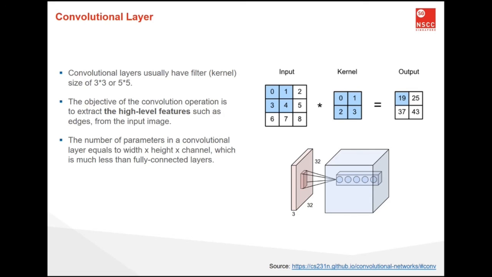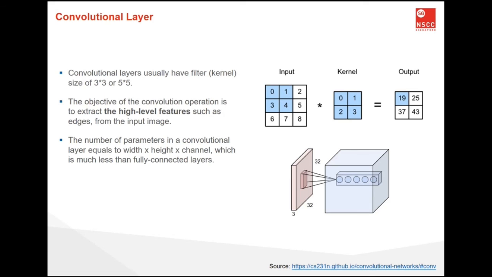The extent of the connectivity along the depth axis is always equal to the depth of the input layer. It is important to emphasize again this asymmetry in how we treat the spatial dimensions and the depth dimension. The connections are local in two-dimensional space, but always full along the entire depth of the input volume.